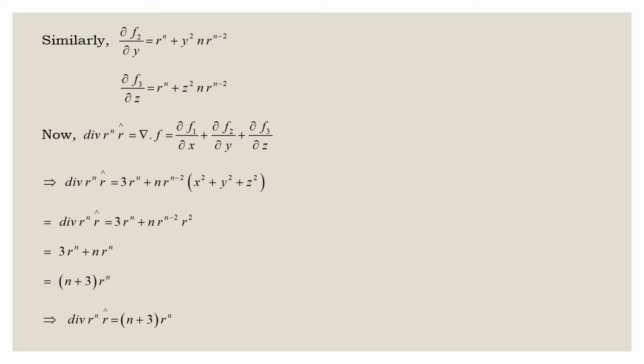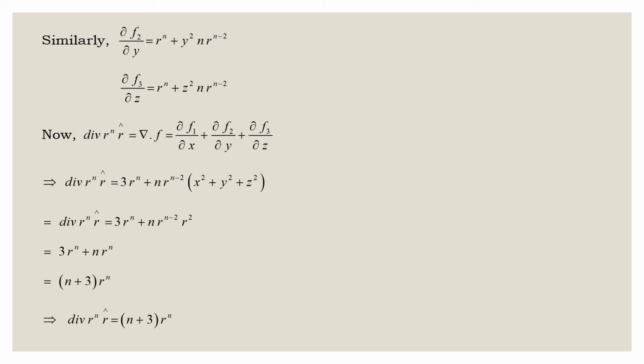So div f equals ∂f1/∂x plus ∂f2/∂y plus ∂f3/∂z, which equals r^n plus x² n r^(n-2) plus r^n plus y² n r^(n-2) plus r^n plus z² n r^(n-2), which equals 3r^n plus n r^(n-2) times (x² plus y² plus z²).